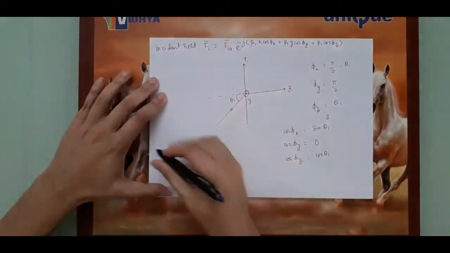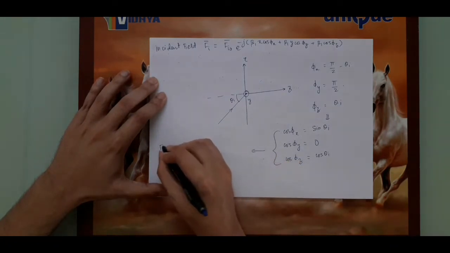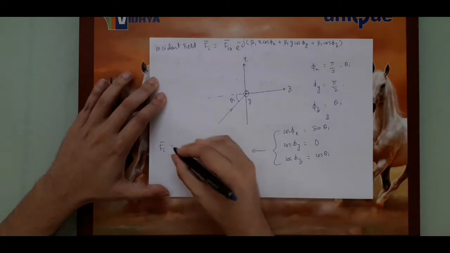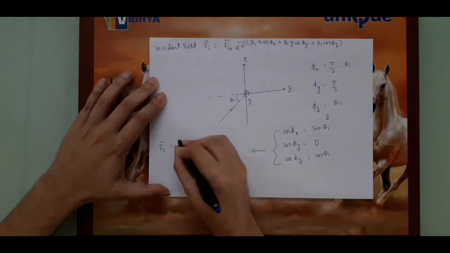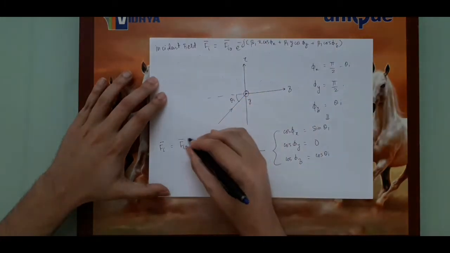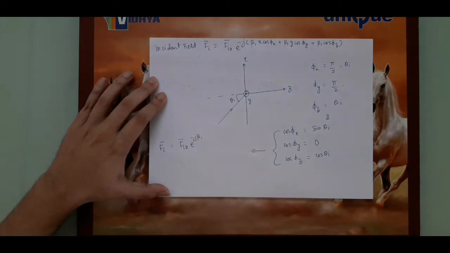So therefore I can write using these the incident field on the boundary this way, times this beta 1, which I can take common because it is the same for all terms. Only what will change is the direction cosines.